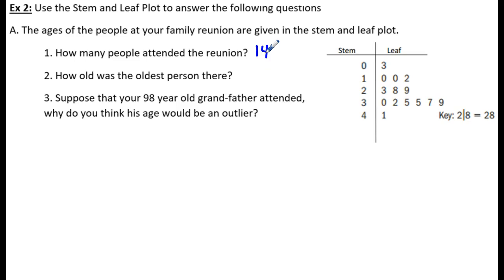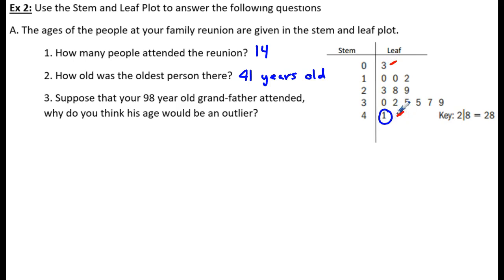How old was the oldest person there? The oldest person was, look at our last leaf of our last stem, so that would be 41 years old. Suppose that your 98-year-old grandfather attended. Why do you think his age would be an outlier? Well, if we look at the whole set of data, we have a person that is 3 years old and a person that is 41 years old.